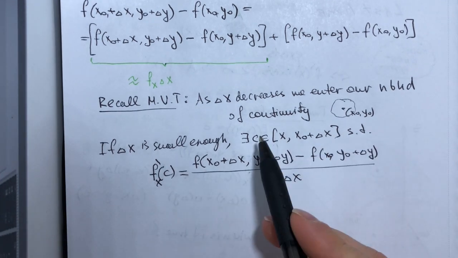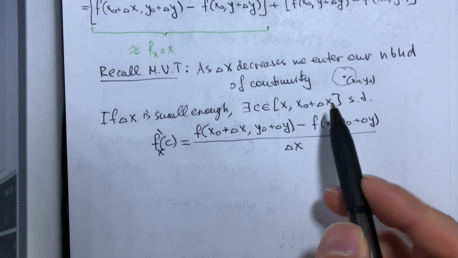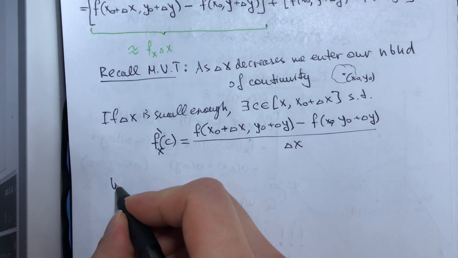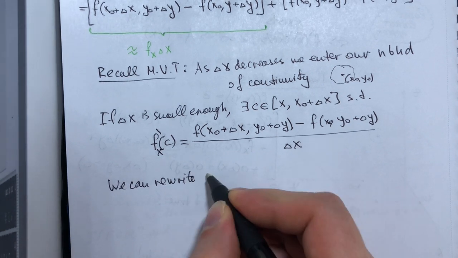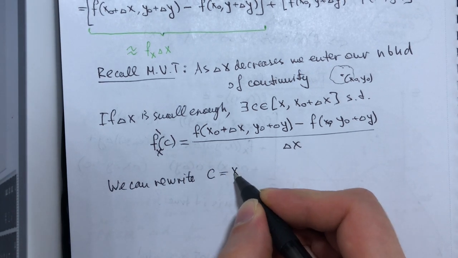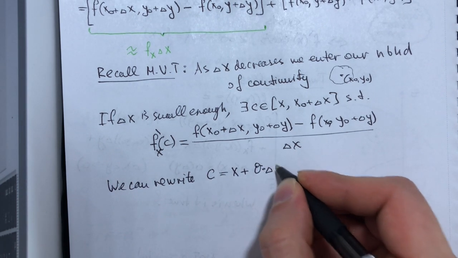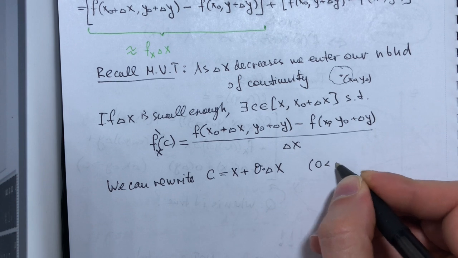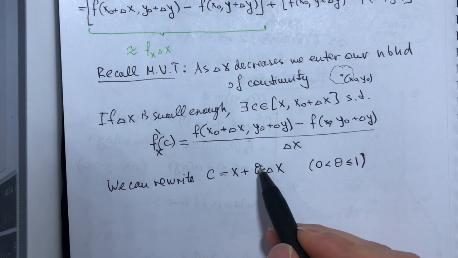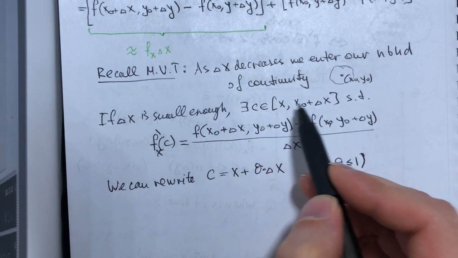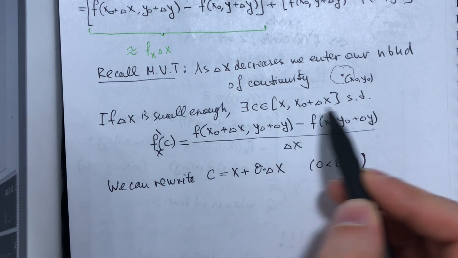Now for convenience, since c is between x naught and x naught plus delta x, we can rewrite c as x naught plus some theta times delta x, where theta is not greater than 1, right? Because if this point is in between, it means we are not adding the full delta x, but part of it.